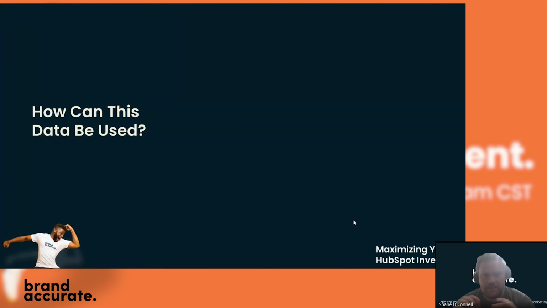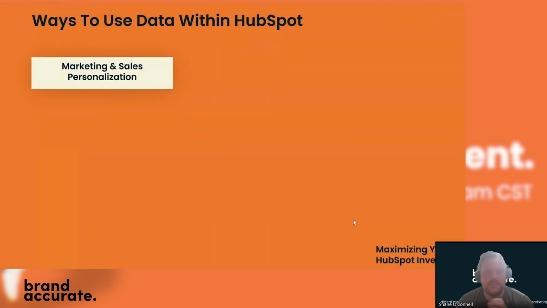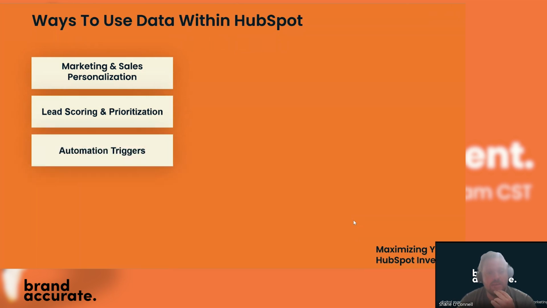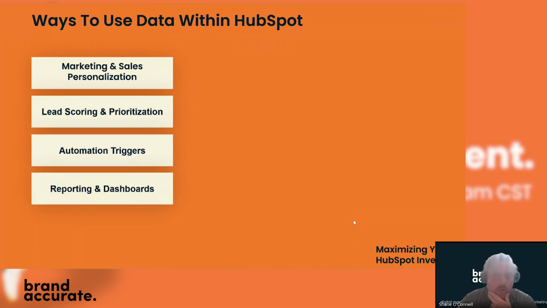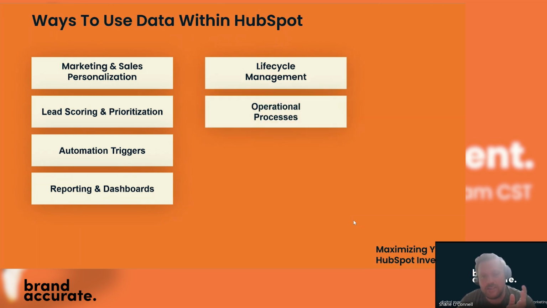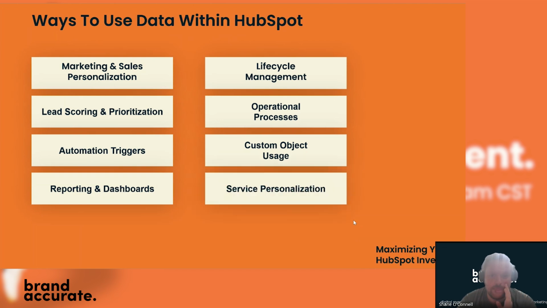So let's dive into a couple different chunks here. First, we're going to look at how this data can be used. First, we're going to look at within HubSpot. So the data within these objects can be used for marketing and sales personalization, lead scoring and prioritization, automation triggers, reporting and dashboards, lifecycle management, operational processes, custom object usage, service personalization.